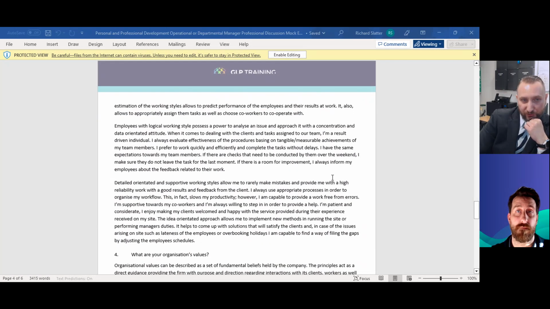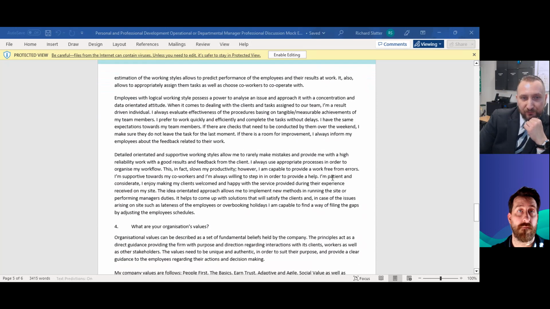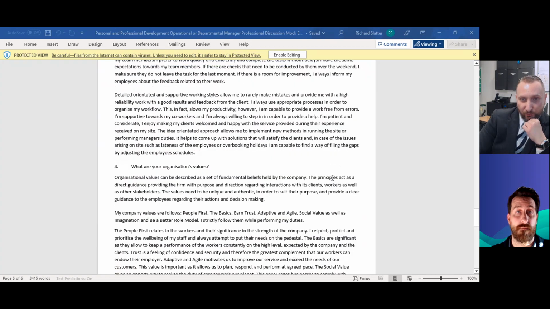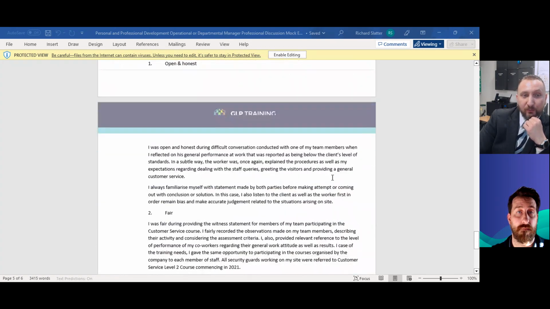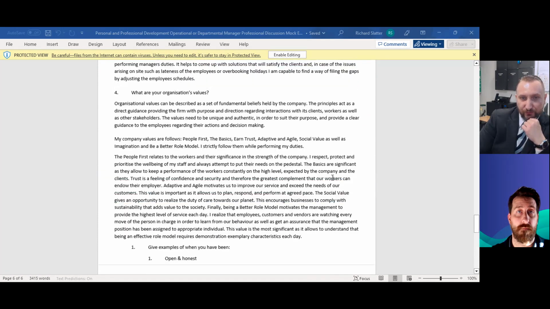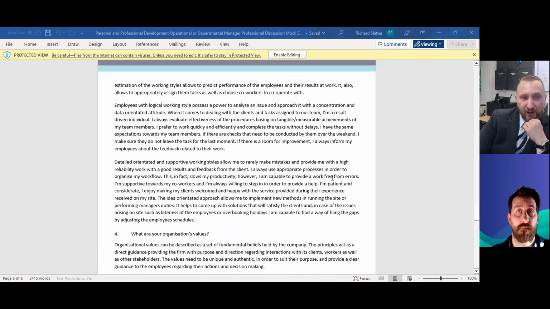Adequate estimation of the working styles allows me to predict performance of the employees and their results at work. It also allows me to appropriately assign them tasks as well as choose coworkers to cooperate with.